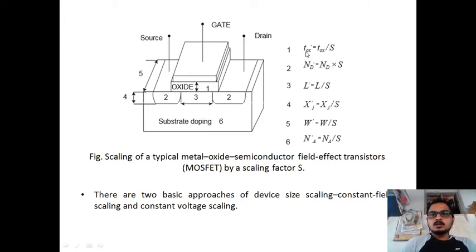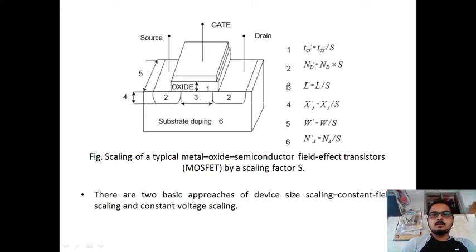The first one is TOX, that is oxide thickness. See here, this is the oxide thickness. When the MOSFET device size is scaled down, the oxide thickness is also scaled, that is TOX by S, where S is the scaling factor.